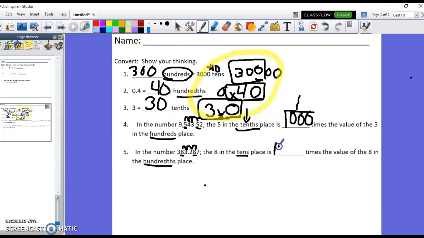Again, it's 3, so I'm going to put 3 zeros, 1, 2, 3. And again, I'm going to ask myself, is the tens place worth more or less than the hundredths place? Well, the tens place is here. It's worth more than the hundredths place here. So I'm going to leave it alone. It's worth 1,000 times more than the hundredths place.